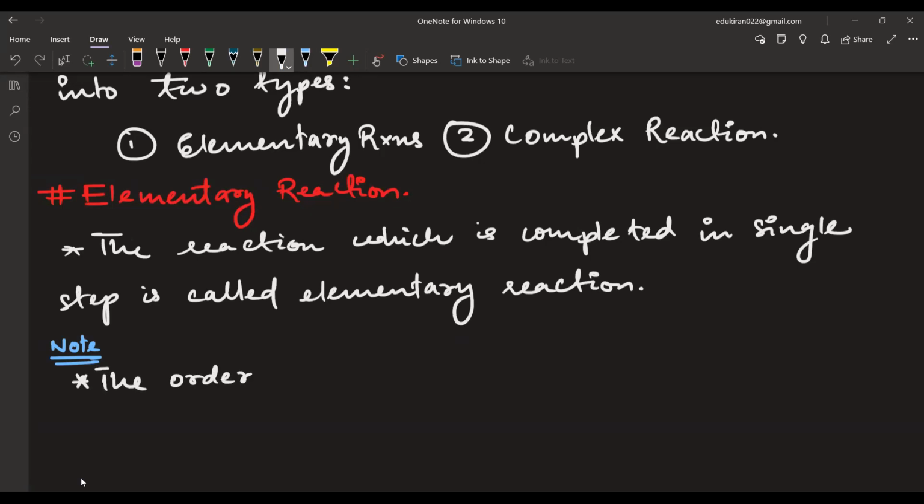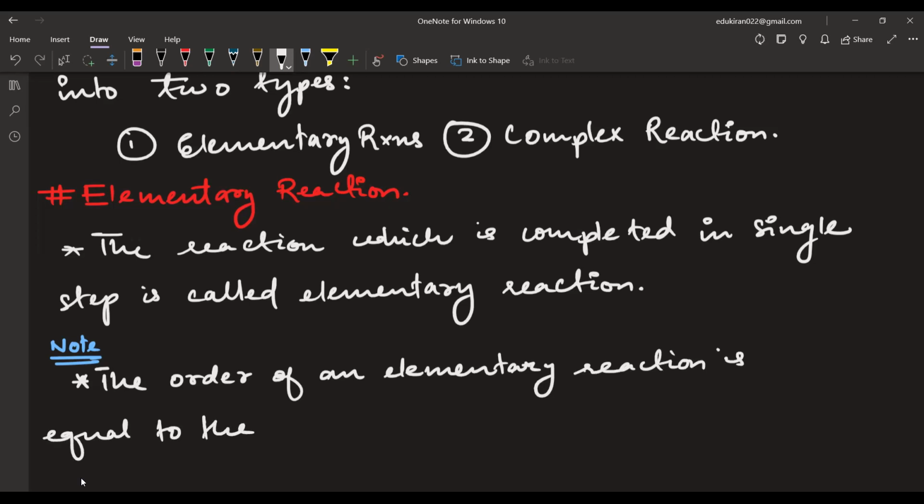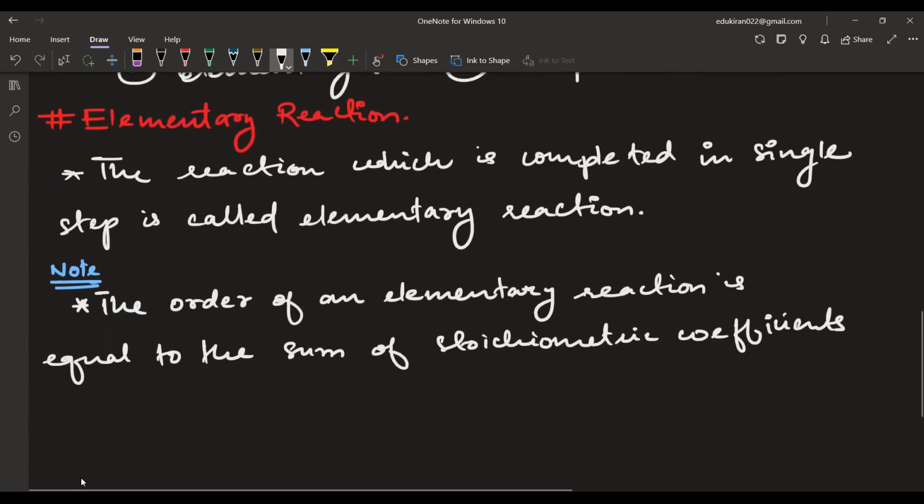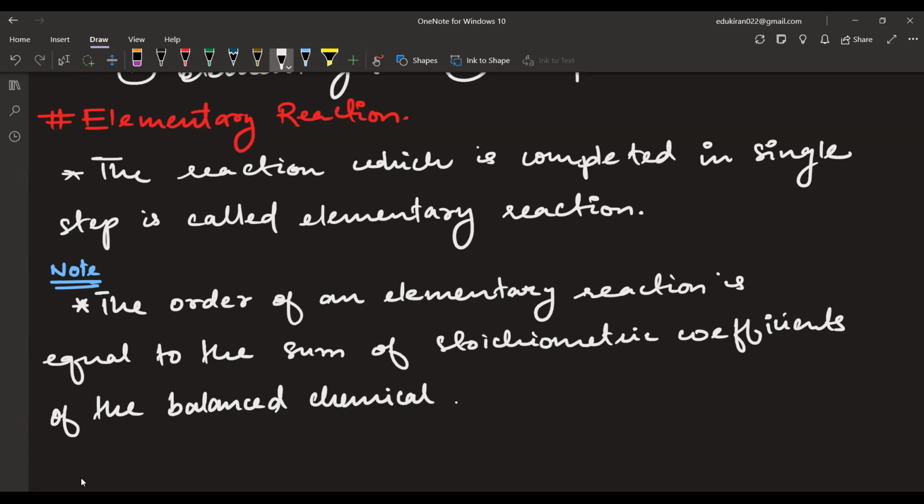The order of an elementary reaction is equal to the sum of stoichiometric coefficients of the balanced chemical reaction.